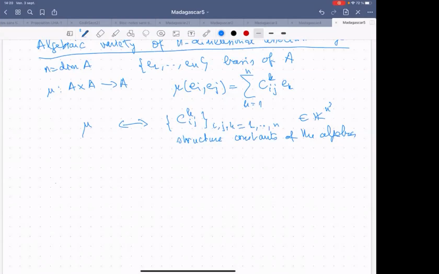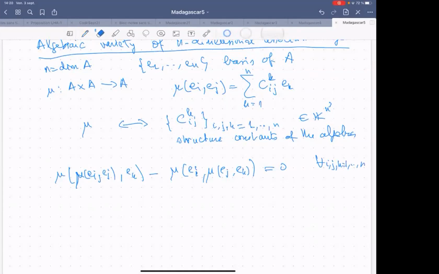Then what should we have? mu of mu(e_i, e_j), e_k minus mu of e_i, mu(e_j, e_k). This should be 0 for any i, j, k running from 1 to n, all triples from my basis, okay?